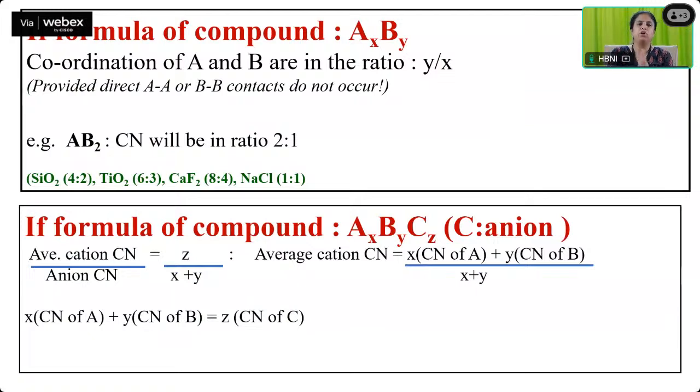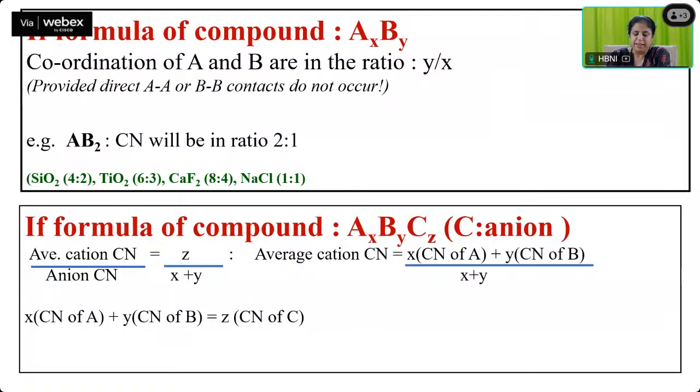Now, suppose the formula of the compound is a little bit more complex, AxByCz, and let us assume that C is your anion and A and B are the cations. Again, the same rule applies: the average cation coordination number to the anion coordination number is the inverse of their stoichiometry, that is, z upon x plus y.